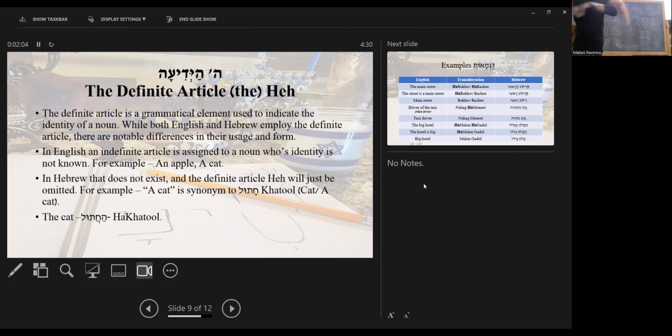Since we're on particle hey, it also can be used as, almost, to explain. It kind of begs a conjugation, which is why I don't want to get into it right now.